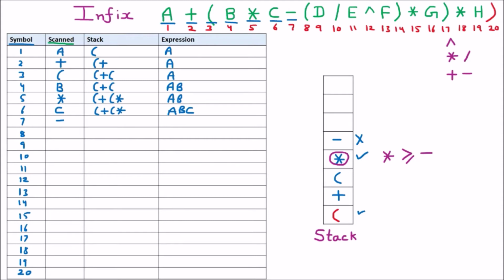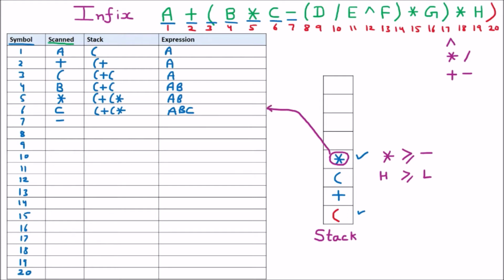So here you can see that the star is there. Star has high precedence and it is greater than or equal to the minus. Minus has the low precedence. So in that case star will be popped first, then afterward minus will be entered. So we cannot place the minus here directly. This star is popped and added to the postfix expression.